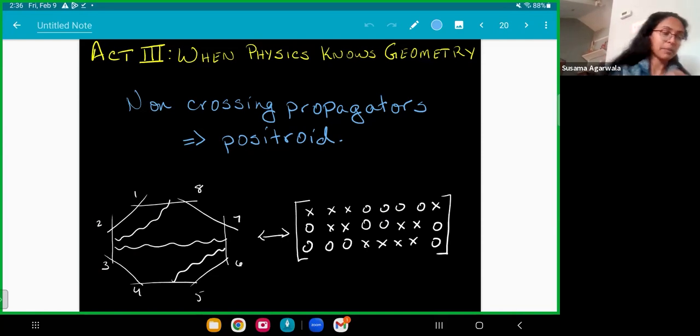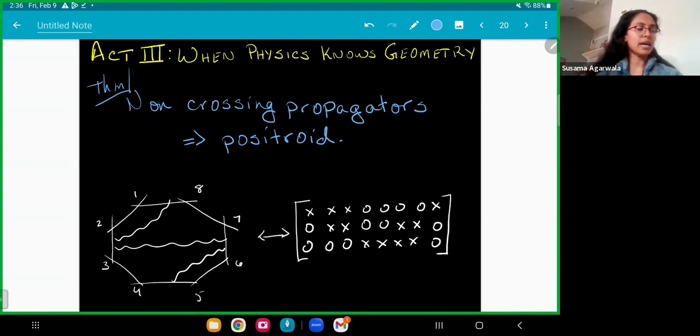Well, one theorem, maybe I should just actually label this as a theorem, is that if I have non-crossing propagators, remember that was one of the rules that was given to me from above, then the associated matrix is a positroid. The if and only if is in some other direction, and that has a little bit more nuance to it. But as long as I don't have crossing propagators, I have positivity.